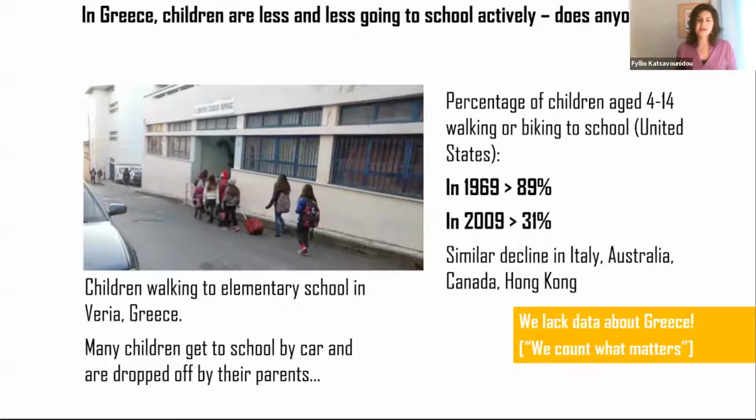And similar decline appears in studies in Italy, in Australia, and in Canada, in Hong Kong. Again, we lack data on how children in Greece go to school every day. As said about every research subject, actually, we count what matters. And it seems that children's school travel gets completely unnoticed by academia and by the society alike.